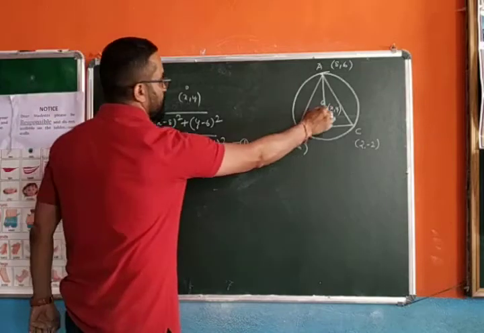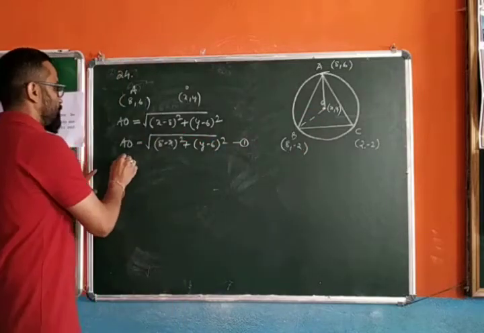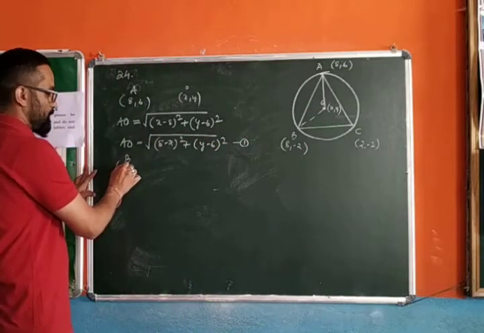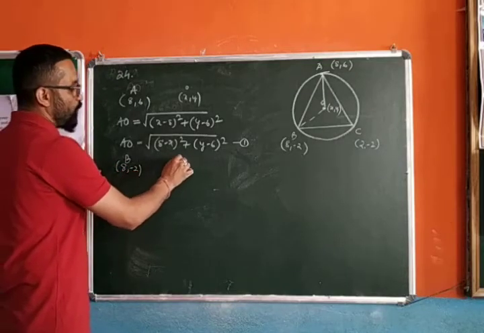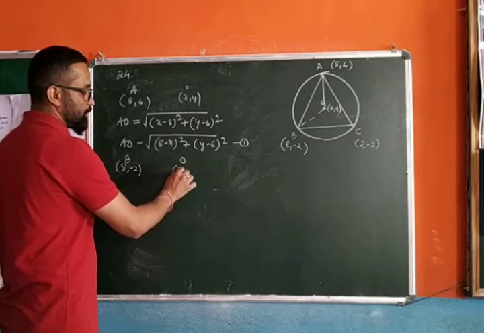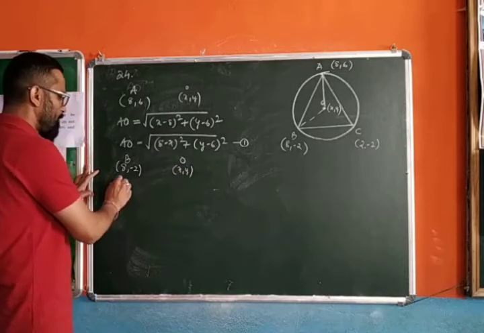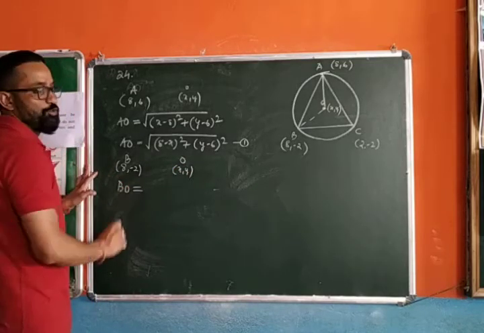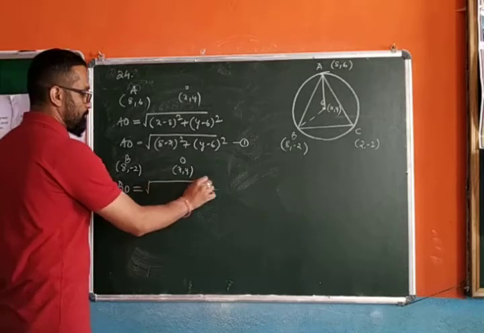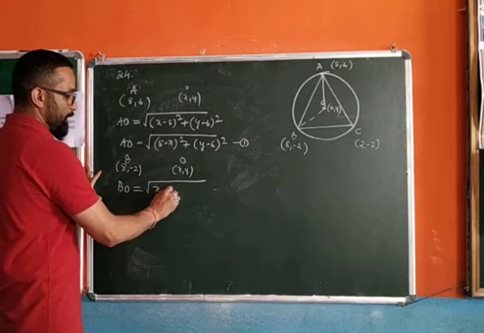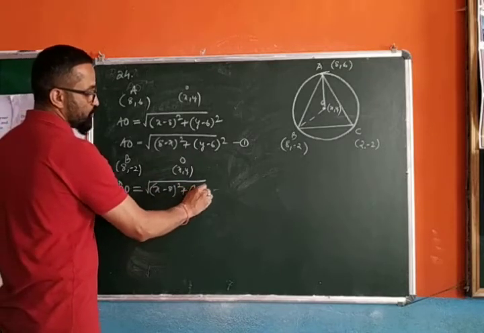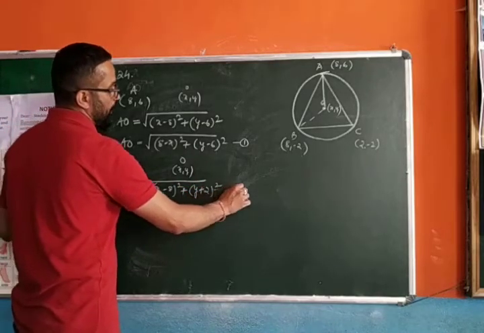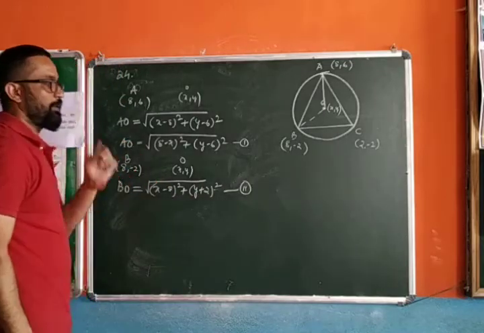Similarly, we calculate BO. B has coordinate (8, -2) and O has coordinate (x, y). BO equals the root of (x - 8) whole square plus (y + 2) whole square. Take it as equation number 2.